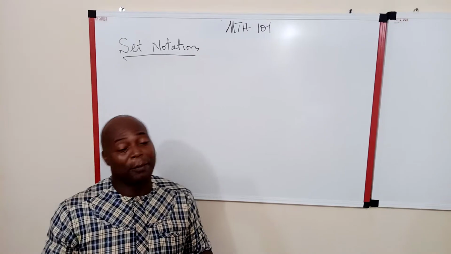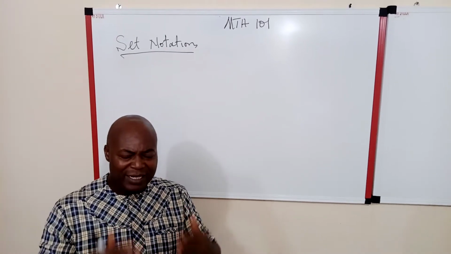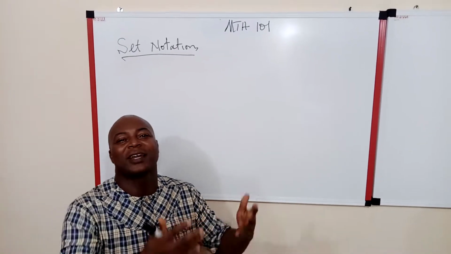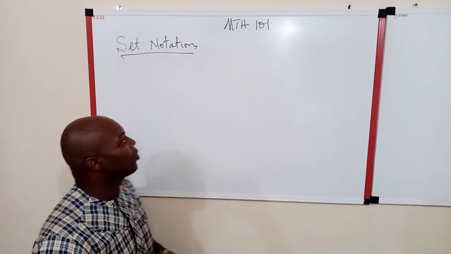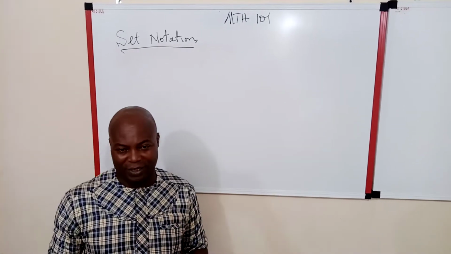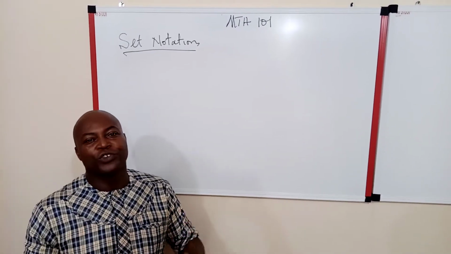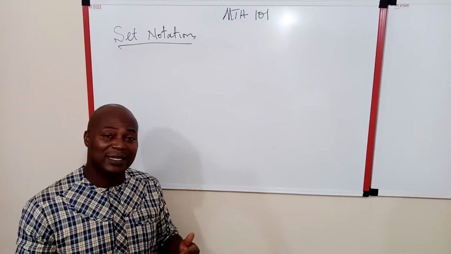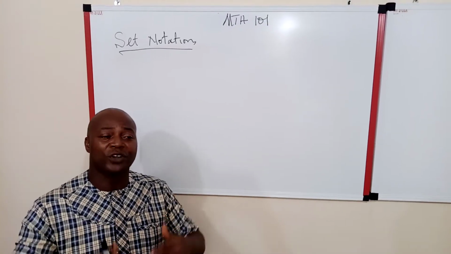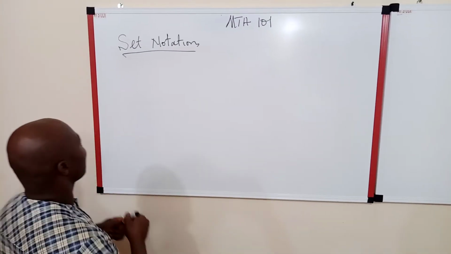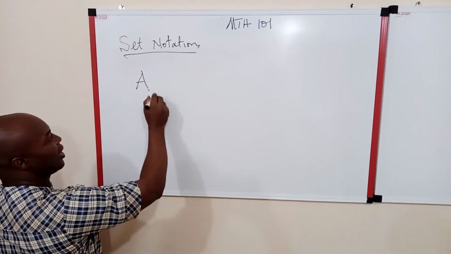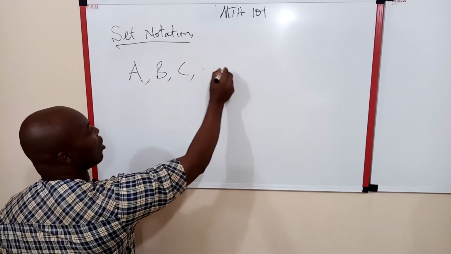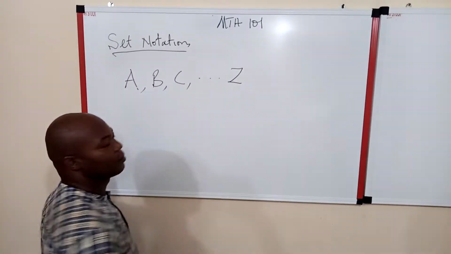In the same manner, this practice is also common in mathematics, the act of assigning an arbitrary symbol to things. In set theory, we are used to assigning uppercase letters, capital letters, for denoting a set, such as A, B, C, and so on to Z, because they are countable.